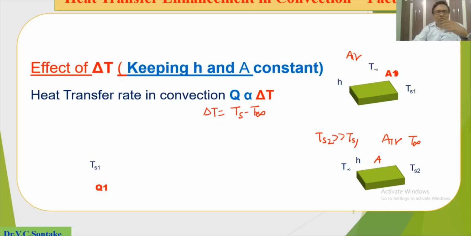Now normally the surrounding fluid temperature remains constant because it is a reservoir temperature. So the temperature difference, since Ts2 is greater than Ts1, Ts2 minus T infinity will be greater than Ts1 minus T infinity.